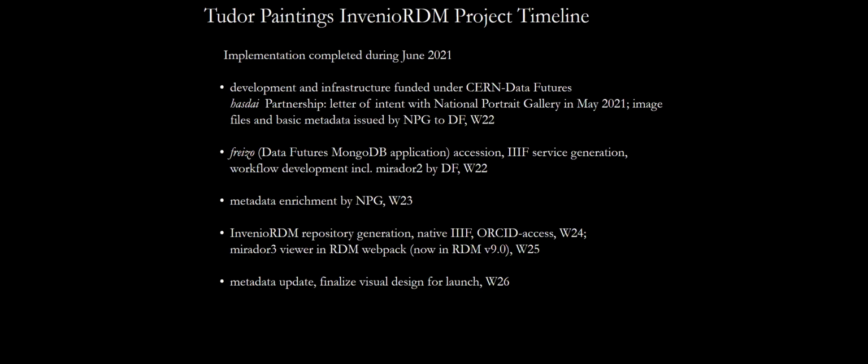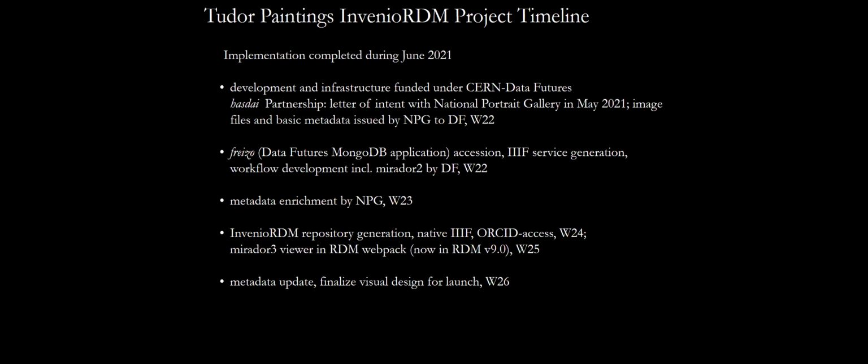During May, we talked about the corpus we were going to use. On the 31st, we got a data set from Charlotte. In the subsequent weeks, we used an infrastructure that we've had in place for about 10 years, which is MongoDB based, to do accession of those images and metadata in the form of a spreadsheet.